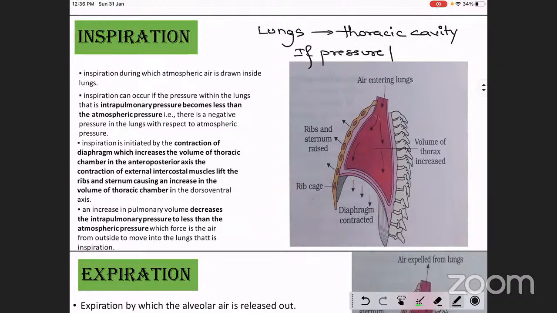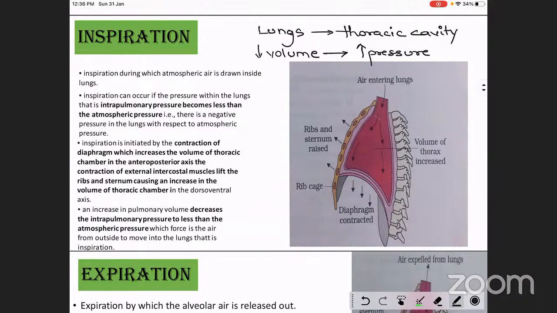Let's talk about it in another way. If we push the balloon inward with our hands, we are decreasing the volume. If the volume decreases, then pressure increases.